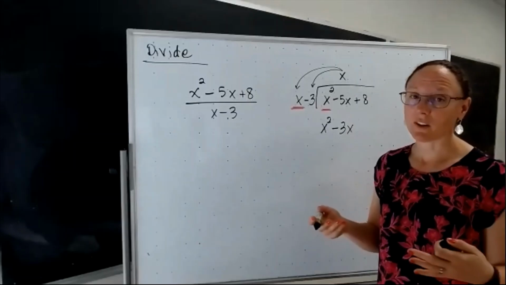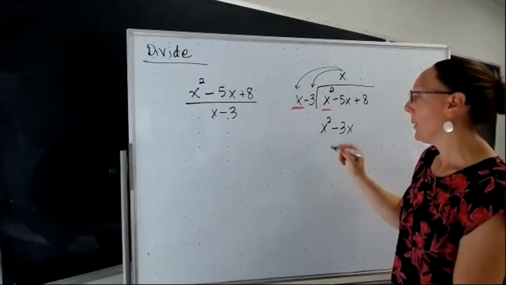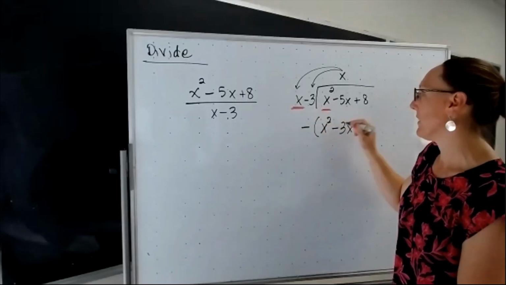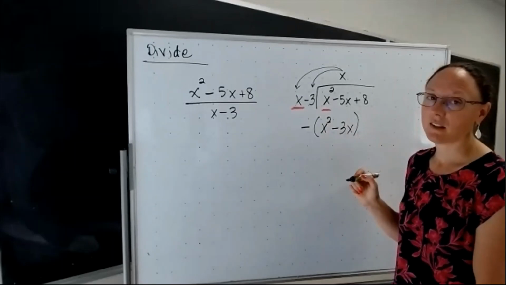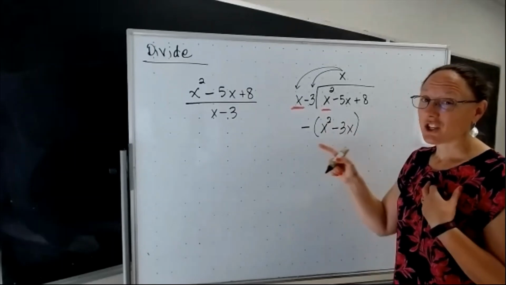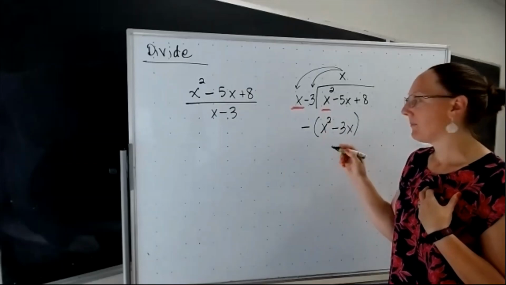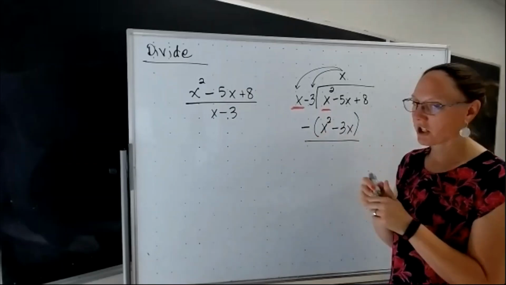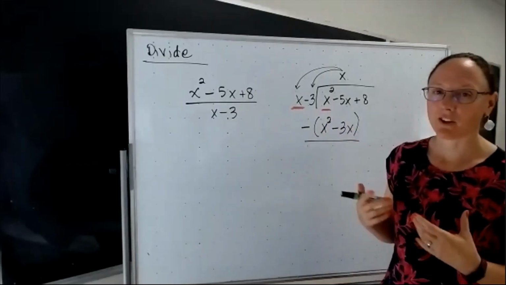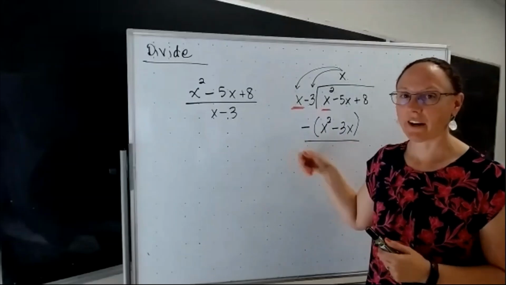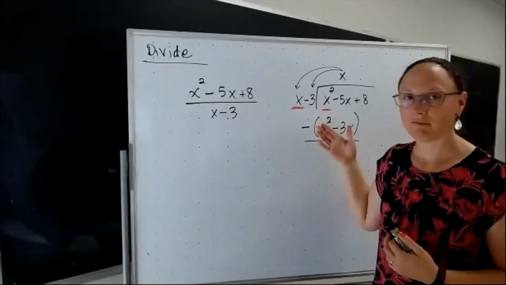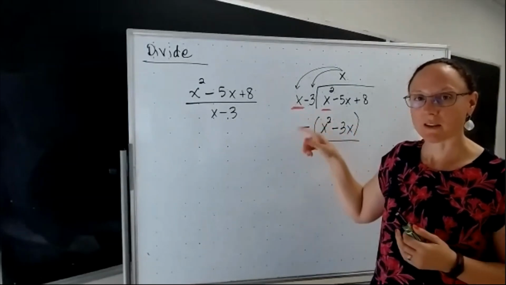Next, just like we did with numbers, I'm going to subtract. The key here is I'm subtracting the entire piece. I choose to put parentheses in. Other options, I've heard the catchphrase, draw the line and flip the signs. That works too, because I'm subtracting it.